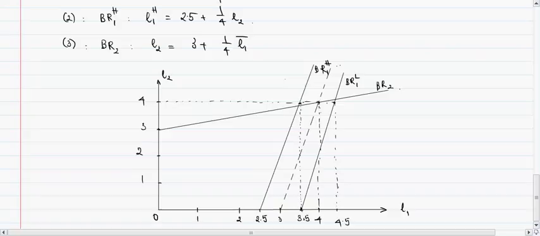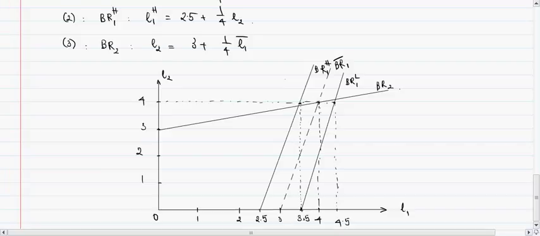This is the best response function to L1 bar, which is the average of the best response function of player 1 of the high cost and the best response function of player 1 of a low cost. And player 2 is going to respond to that. So the equilibrium is going to be at the point over here for player 2.